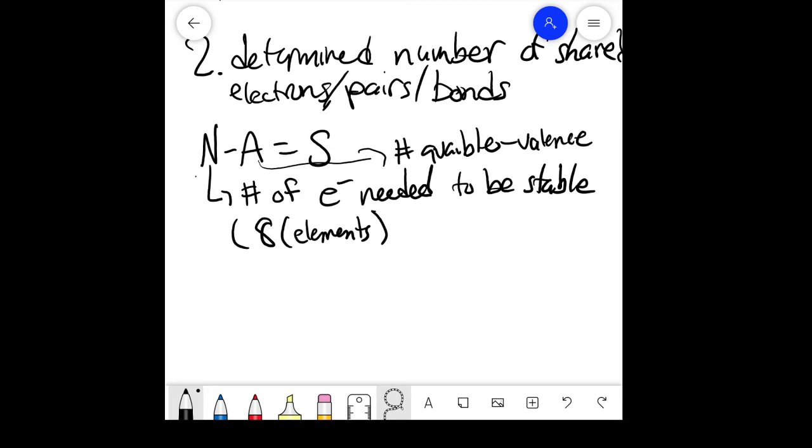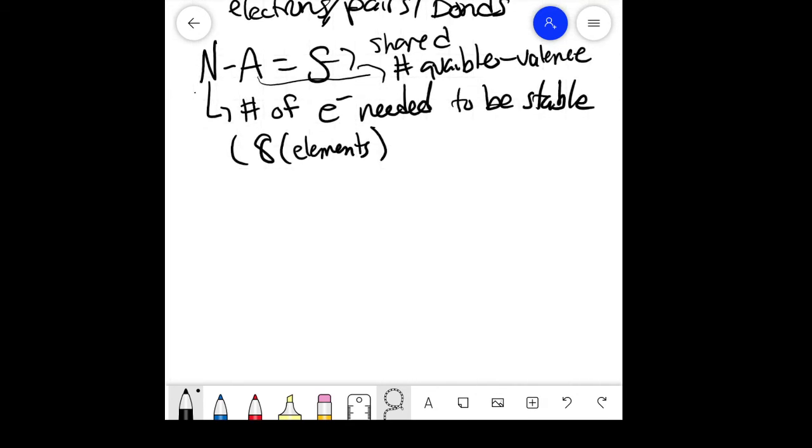So, you know, if you had oxygen, that would be 6. If you had hydrogen, that would be 1. And then S is going to be the number of shared. So say we're doing NH3, our N would be 8 times 1 plus 2 times 3, because we have 1 nitrogen, 3 hydrogen, and nitrogen needs 8 to be stable, hydrogen only needs 2.